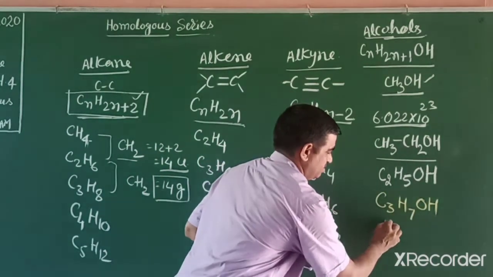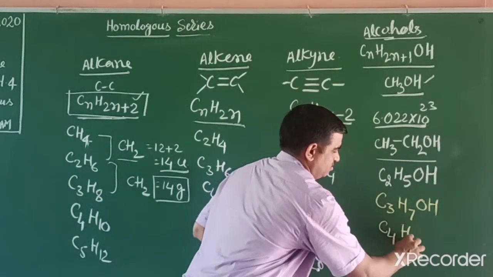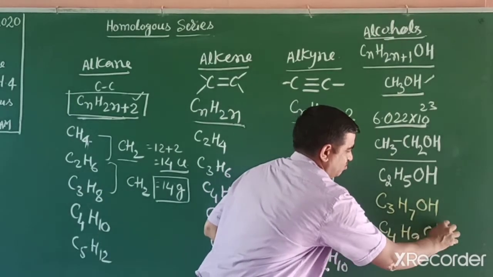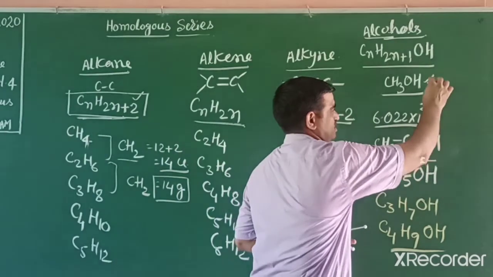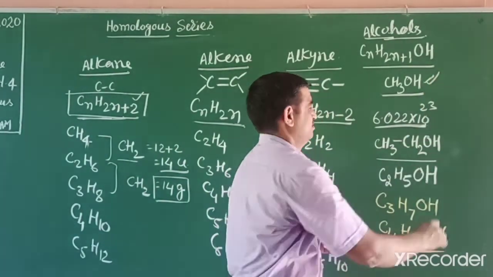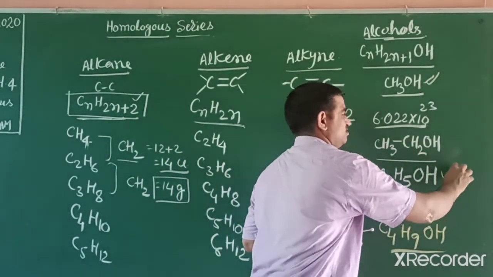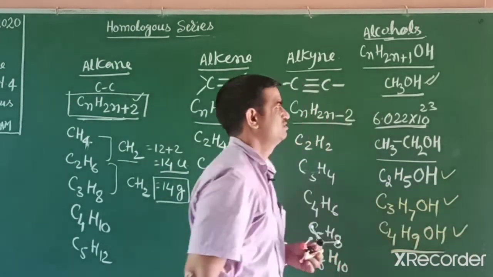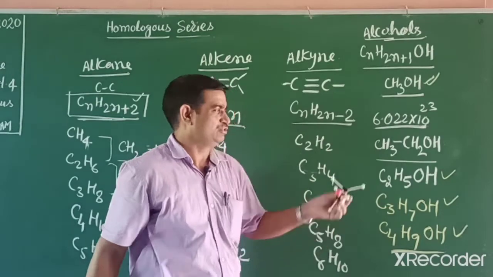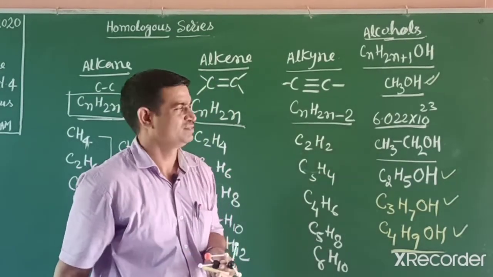Further, the next member is C4H9OH. So these are homologous: first member of alcohol, then this one the second member, third member, fourth member. So this is also a homologous series.